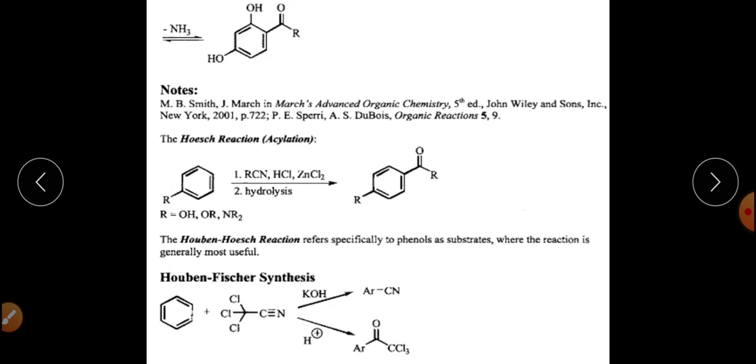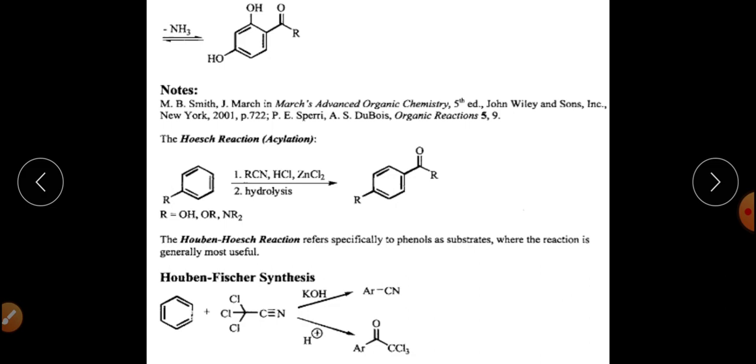So basically this reaction is an acylation reaction, but this is not the Friedel-Crafts acylation reaction that was done in presence of RCOCl and AlCl3. Here we are not using RCOCl, instead we are taking the nitriles in presence of HCl and in presence of Lewis acid. So again this is an acylation reaction we can say.